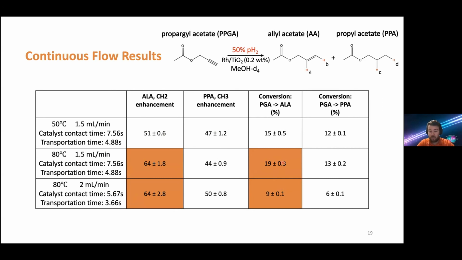So there's something that's not quite linear there. And also this 50% decrease in conversion is made up for in enhancement by a third decrease in transportation time. So the lesson here, I guess, is it doesn't matter how much you make. Really, the main overriding thing is that you get the hyperpolarization to where you need it as fast as possible.